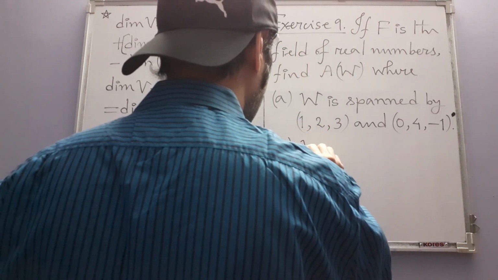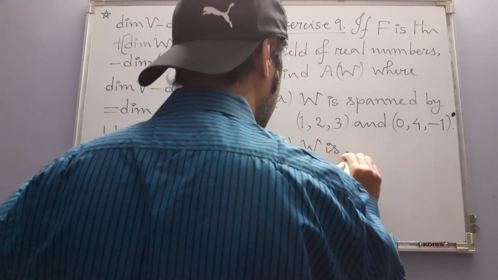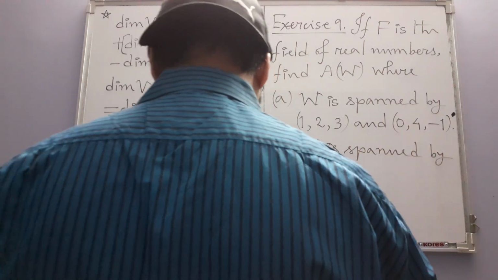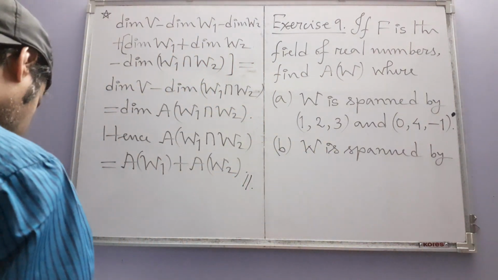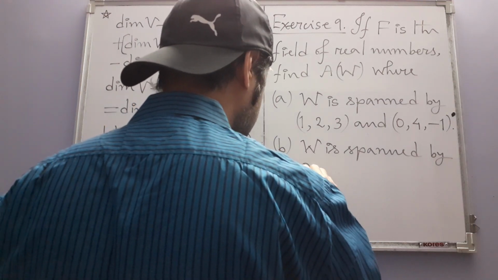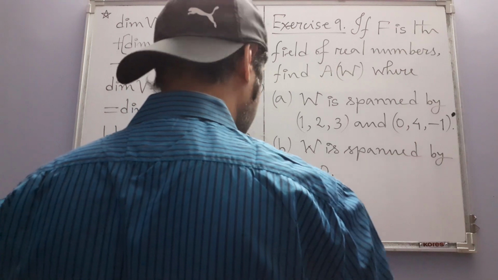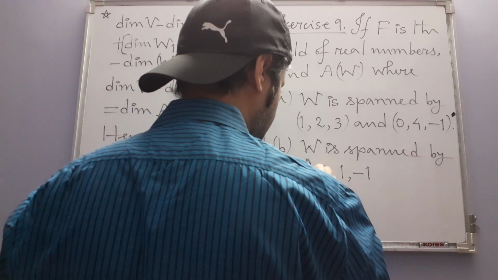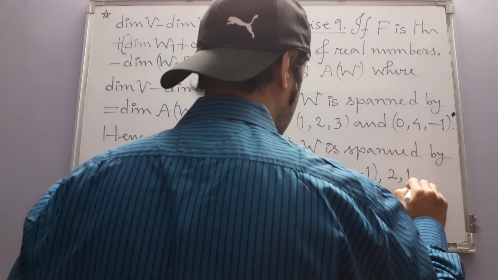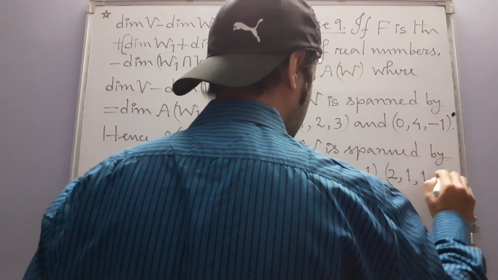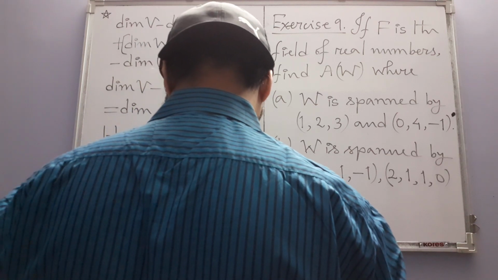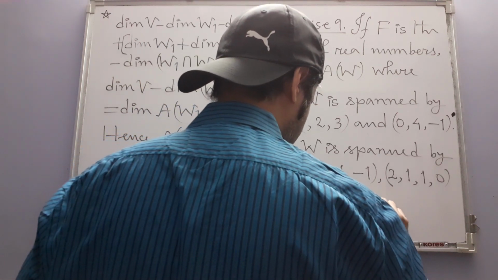likewise W is spanned by these four vectors from 4D real space, 1, minus 1, 2, 1, 1, 0 and 2, 1, 1, minus 1.